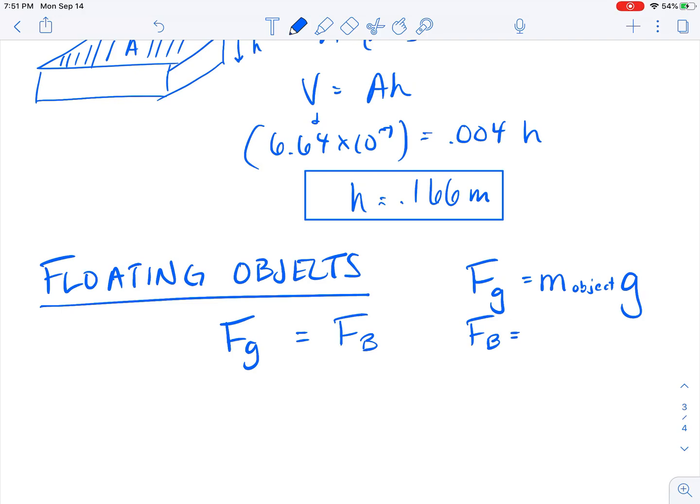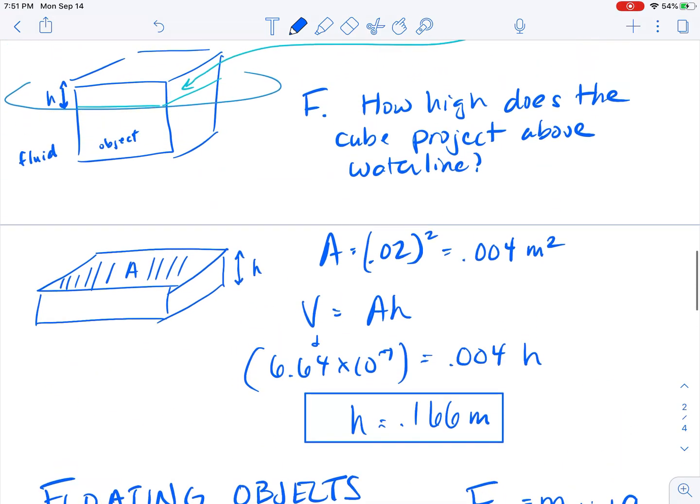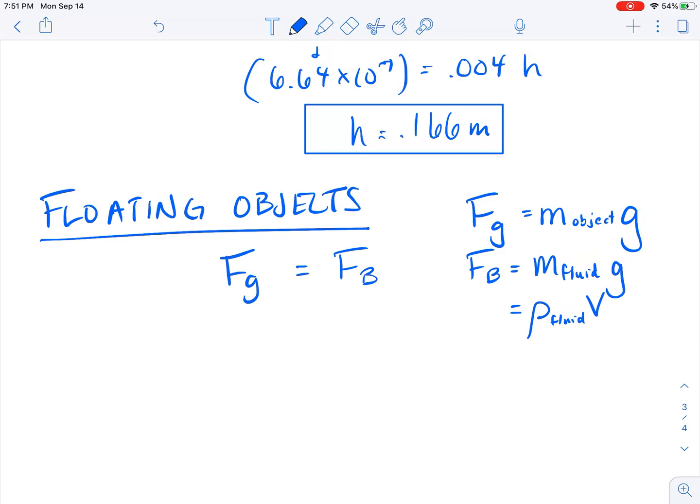The buoyant force is equal to the weight of the fluid displaced, but the weight of the fluid displaced is the density of the fluid times the volume of the fluid displaced, and the volume of the fluid that is displaced is the same as the volume of the object that is underwater. Again, the portion of the object that is underwater is pushing this water out of the way and creating that buoyant force.